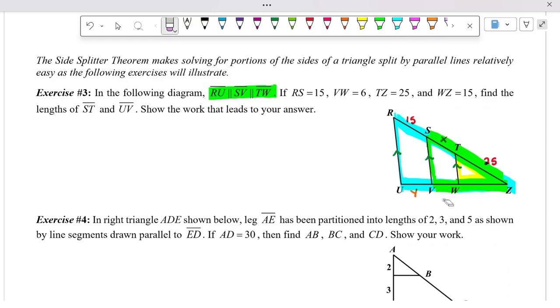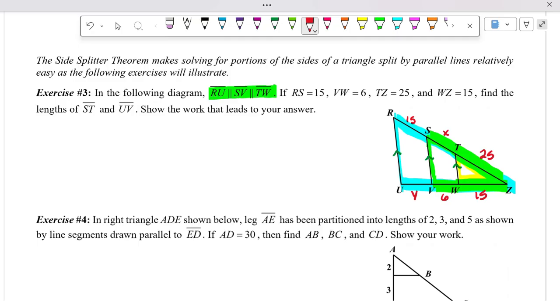Let me just move these so they're out of the way. Okay. 25, 6. So you need to know where all of those triangles are.